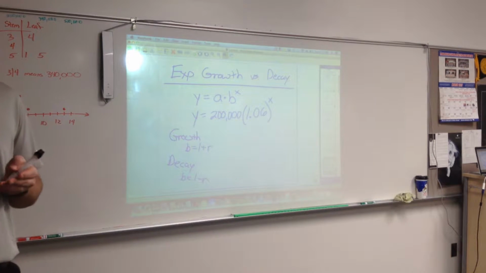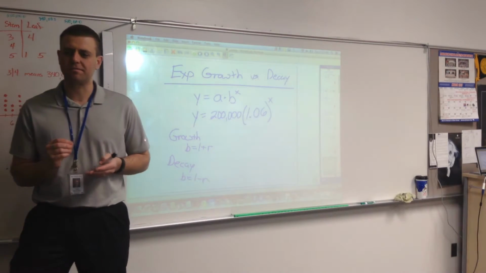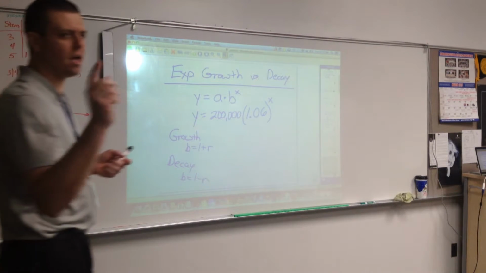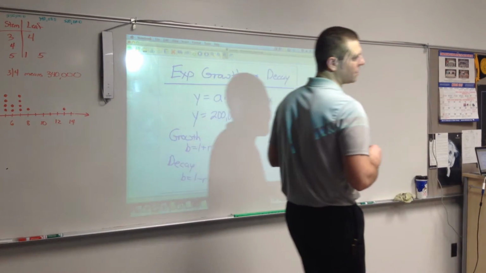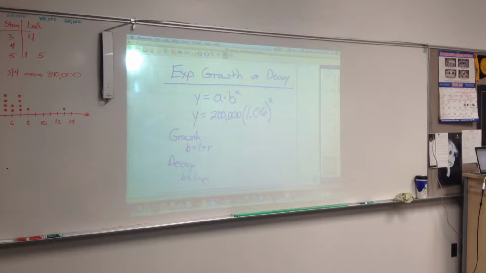Good. Lainey, increasing by 5.5%. 1.055. Nice, good. Parker, decreasing by 1%. 0.99.